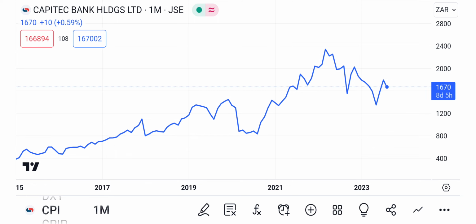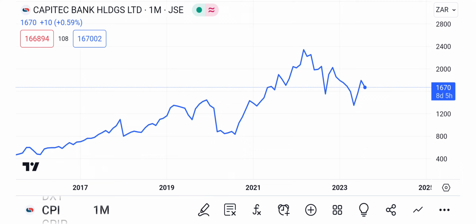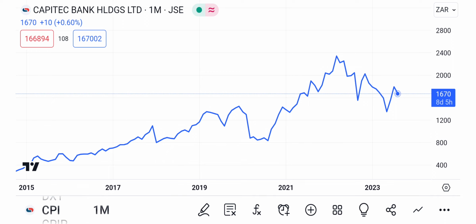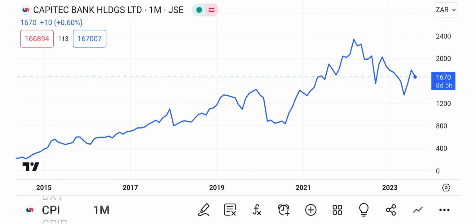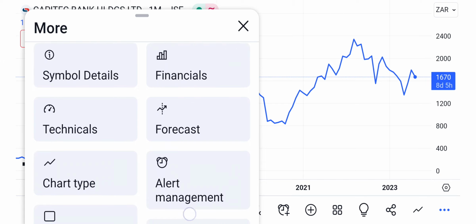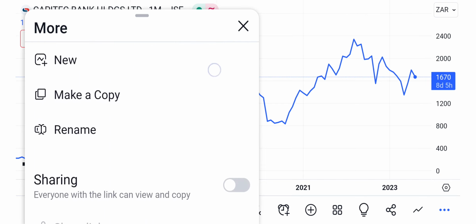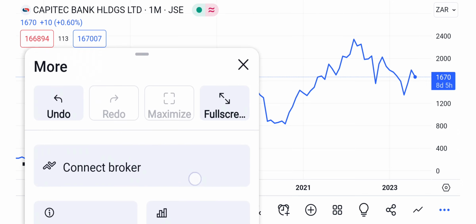So we want to find the demand and the supply of the Capitec share. Looking at this, let me start between 2017 and 2019. If you want to find a demand and a supply, I practiced a lot.